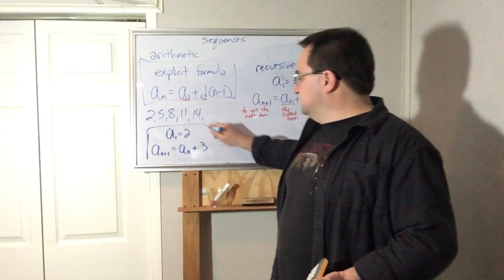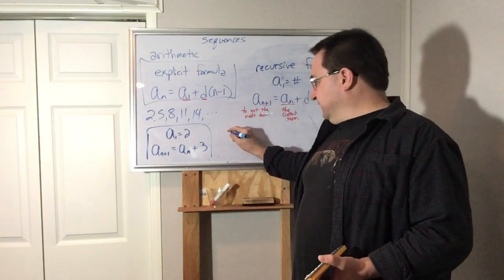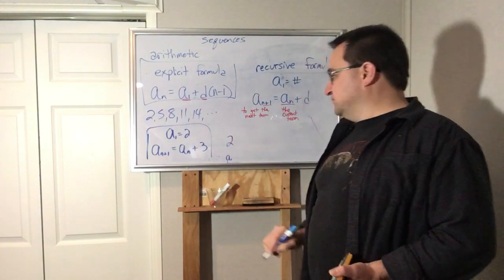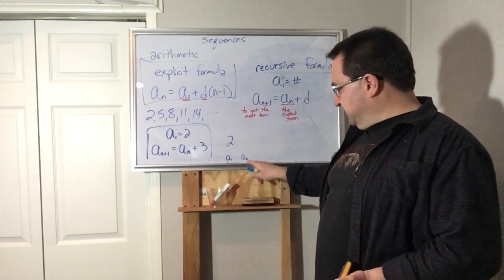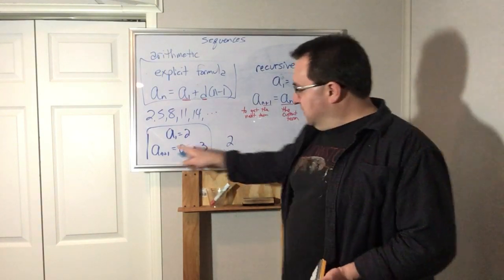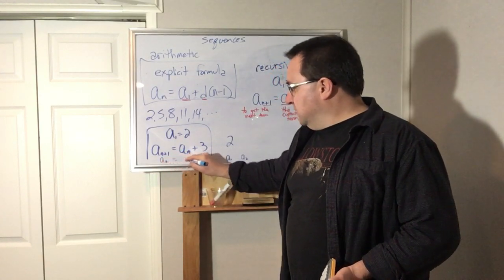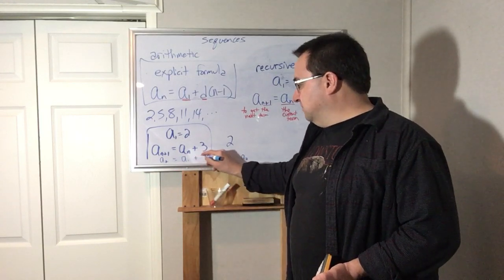How do you use this formula? Well, I go like this. First term, given, it's 2. What's the second term? Well, the next term, a sub 2, would be equal to the current term, a sub 1, plus 3.